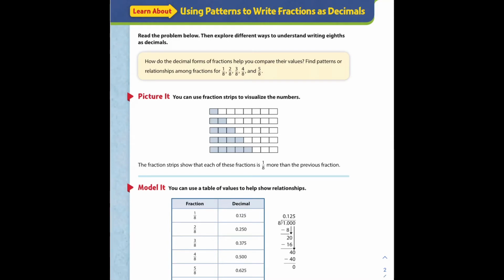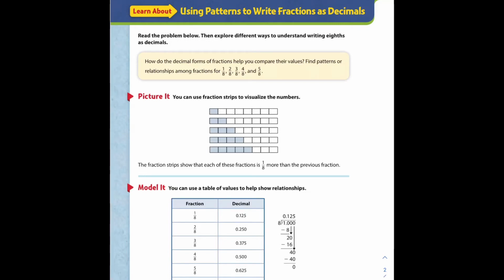How do the decimal forms of fractions help you compare their values? Find patterns or relationships among the fractions for 1/8, 2/8, 3/8, 4/8, and 5/8. So there's two different ways we can look at this. We can look at a picture and look at fraction bars or the fraction strip, or we can model it as a table. So let's focus on the picture first.